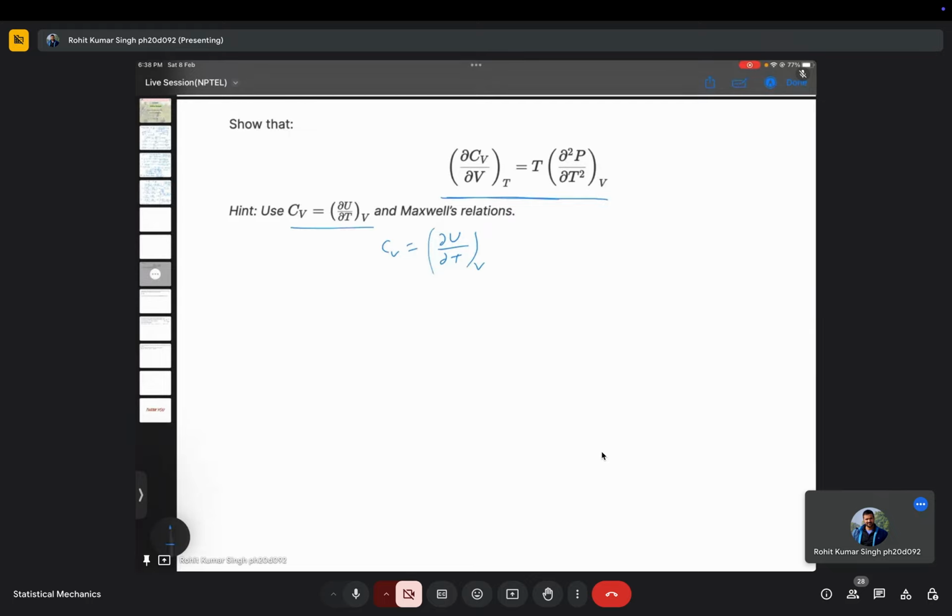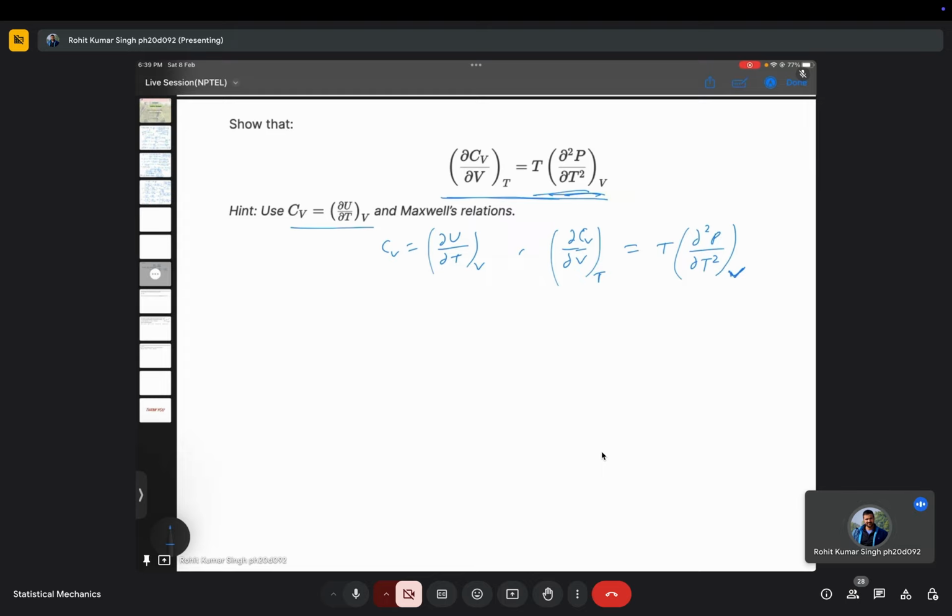We have to find the derivative of this CV with respect to volume at fixed temperature, and this should be equal to this temperature times the second order derivative of pressure with respect to temperature.